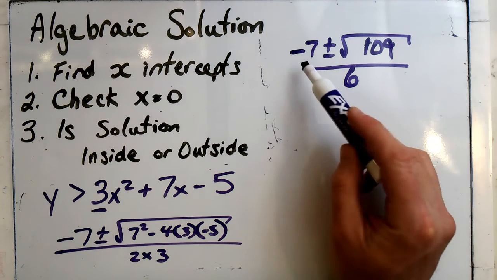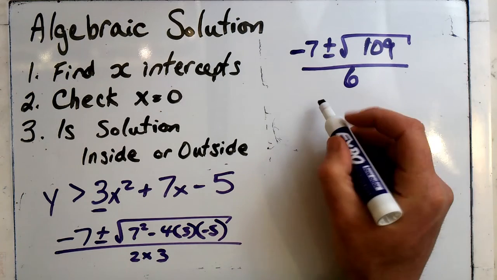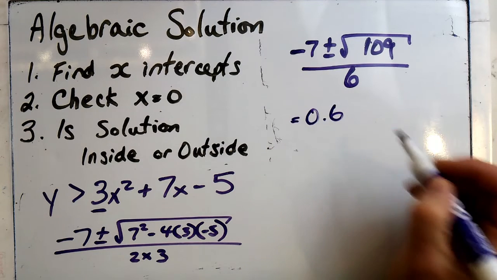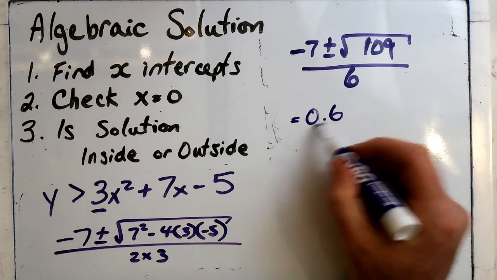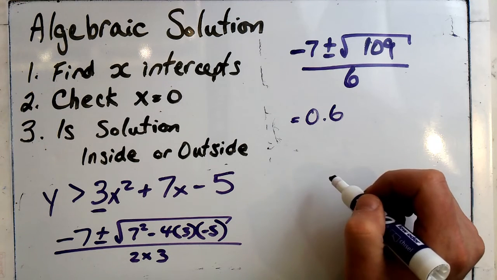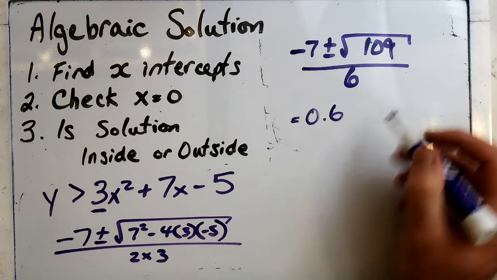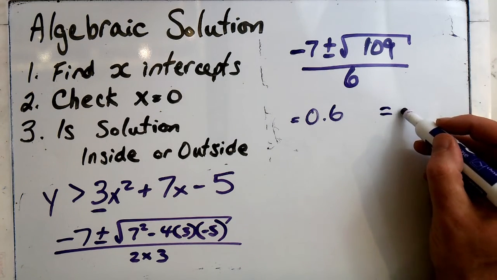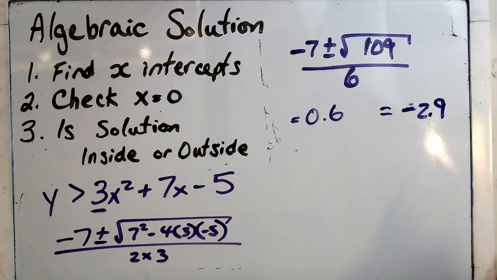So we're going to start by plugging in -7 plus √109 divided by 6, and we get 0.6. Because we're putting this on the number line, we're going to put it into a decimal. If I do -7 minus √109, I get -2.9.